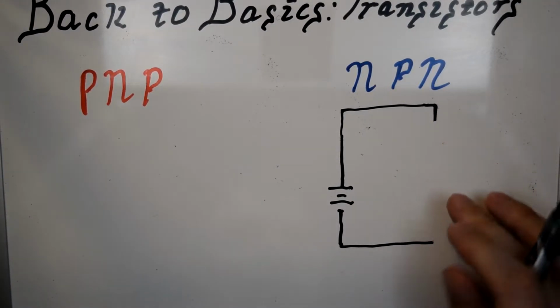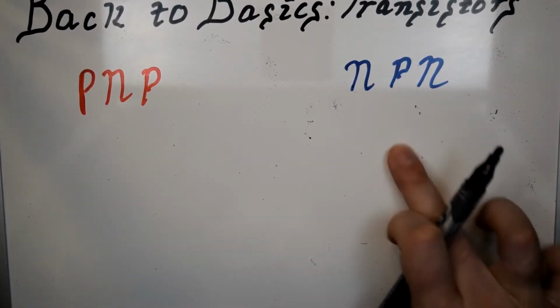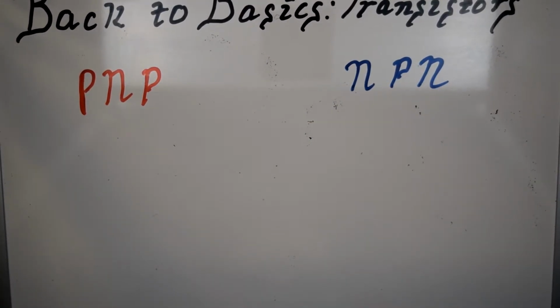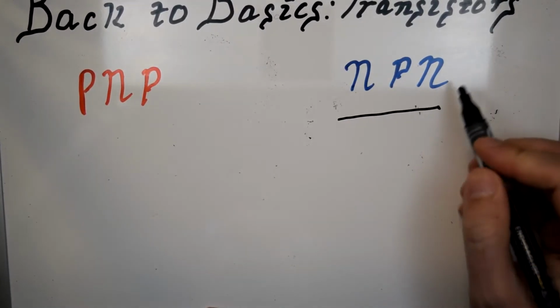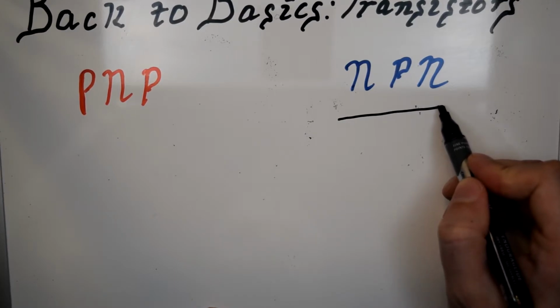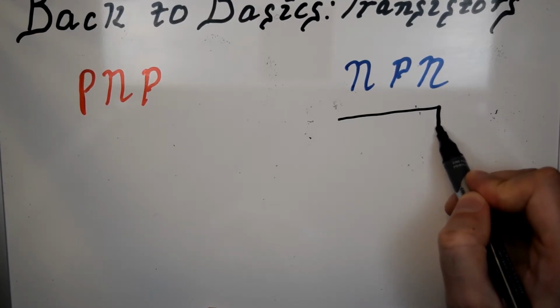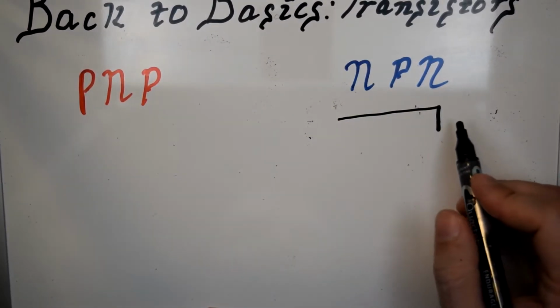So let's start over here. So the load on an NPN transistor is on the collector side. So I've actually got some stuff built over here.